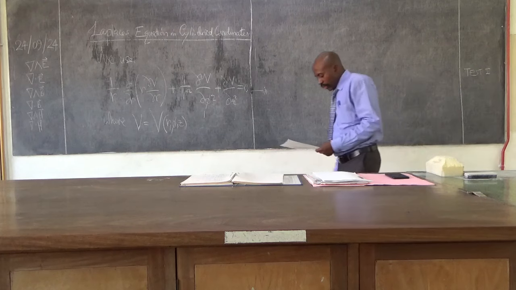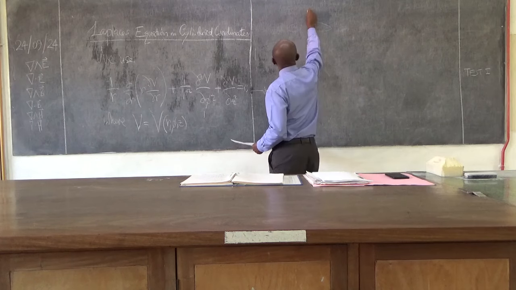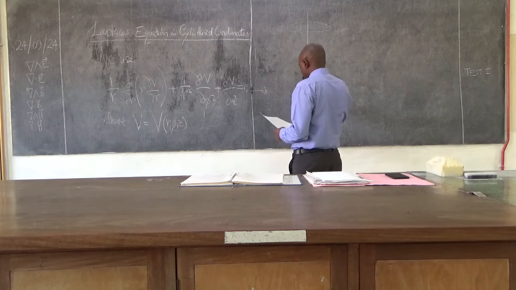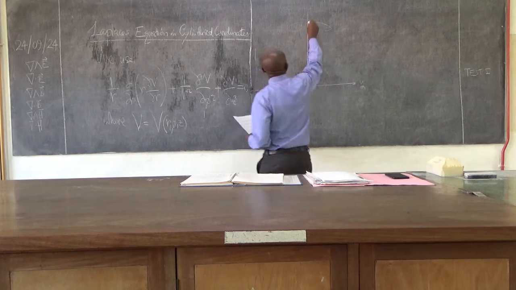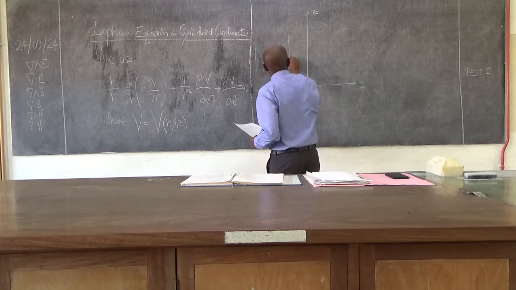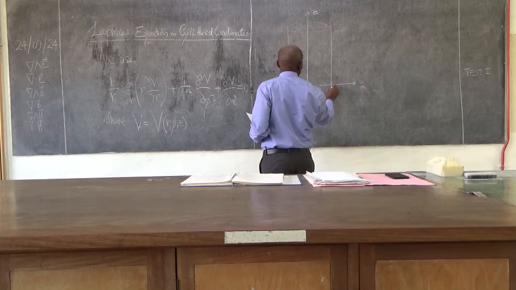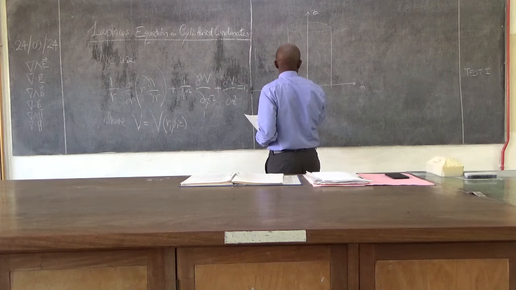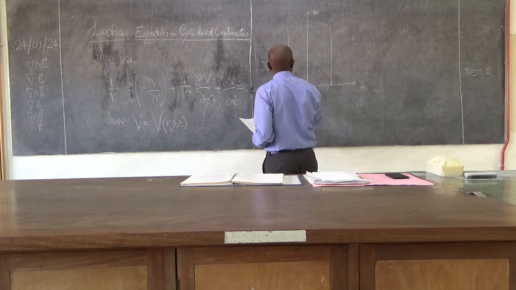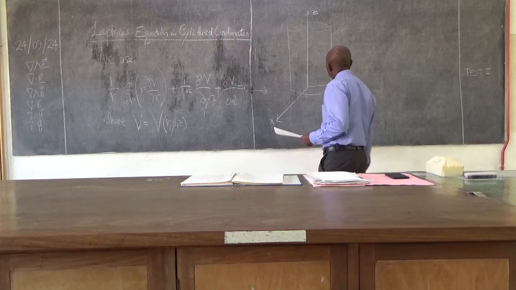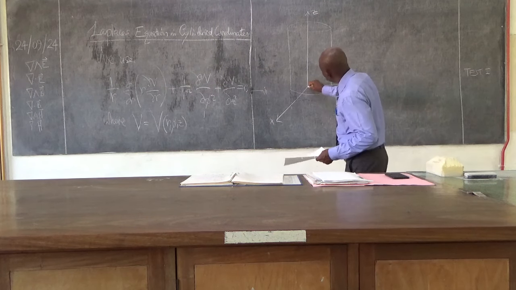So the idea is that for a given cylinder with coordinates, if this is the y, this is the x, and this is the z, this cylinder here. I used the coordinator last time.